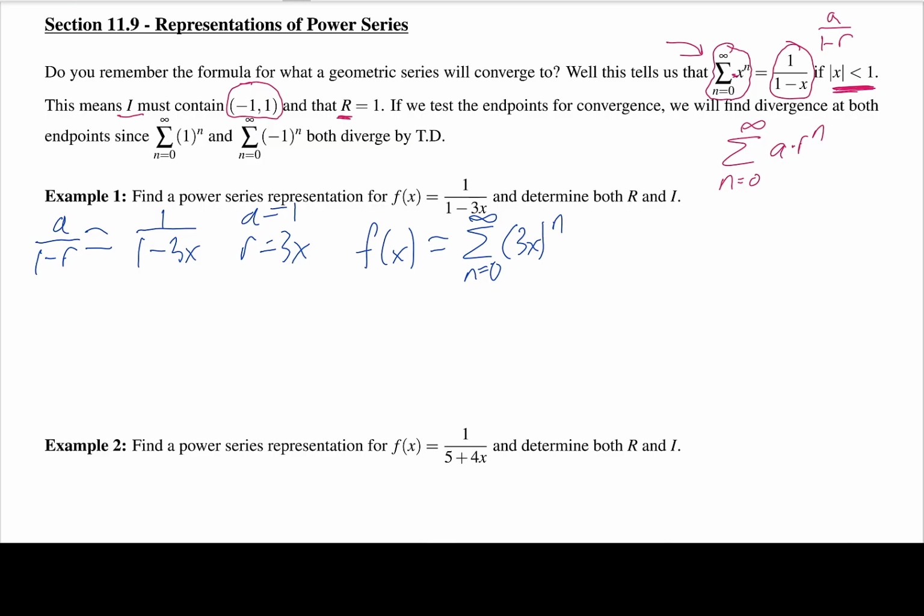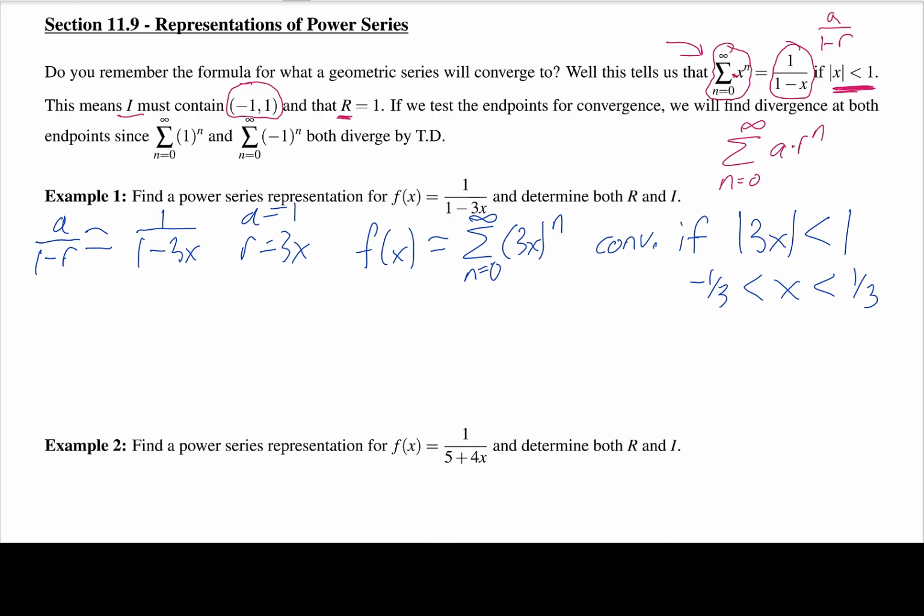Now, we know that this converges if the absolute value of r, so the absolute value of 3x, is less than 1. Which means that we'll need -1/3 to be less than x, which should be less than 1/3.